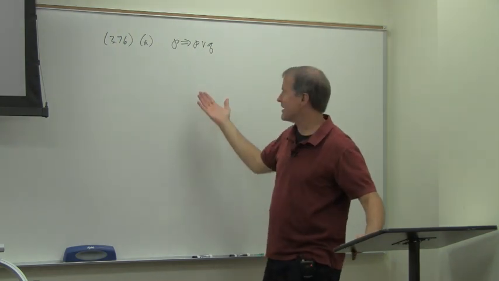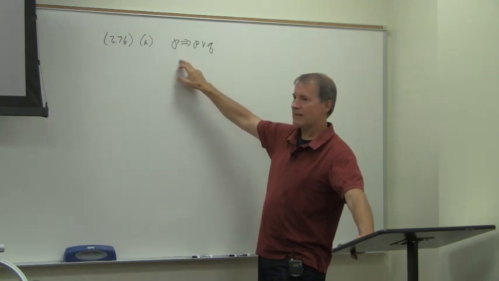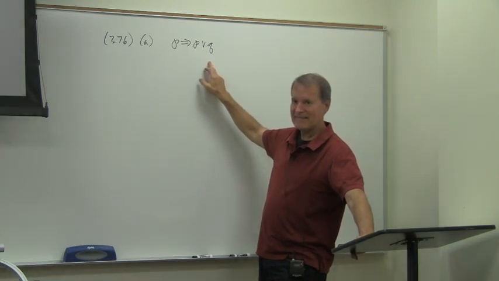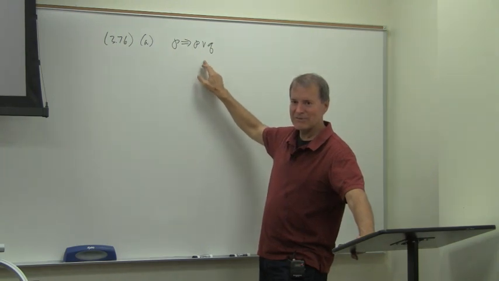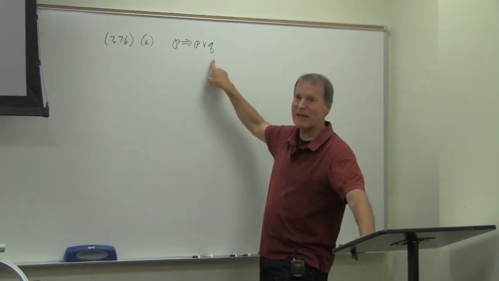Now, does this make logical sense? Sure. Because what this is saying is that if P is true, then P or Q is true. If P is true, then of course P or Q is true. It doesn't even matter what Q is.